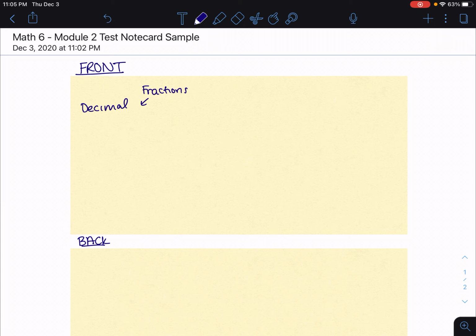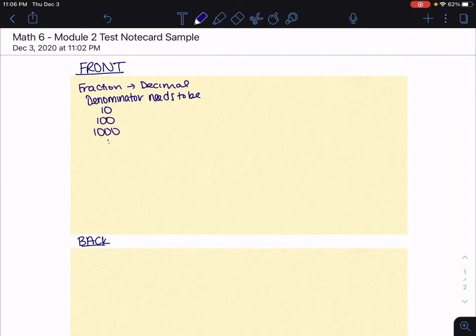So if I want to go from a fraction to a decimal, I want the denominator to be 10, 100, 1000, etc. And that's going to be your decimal places.